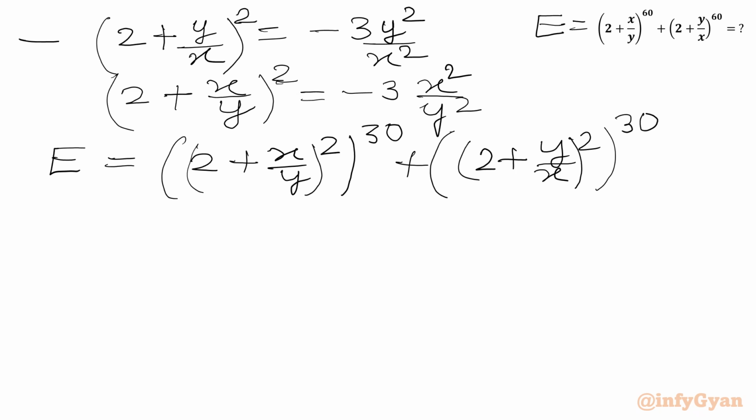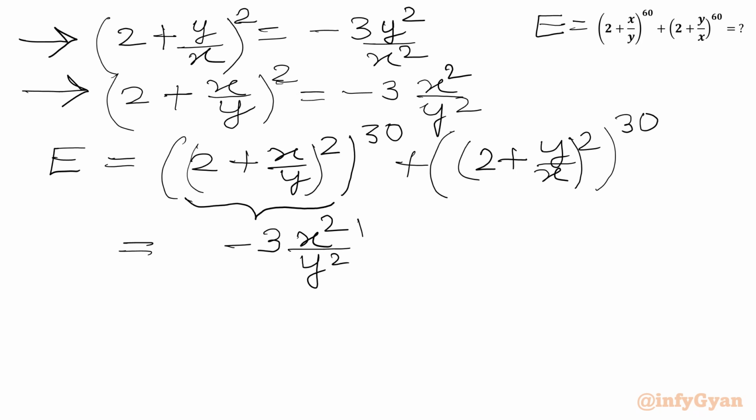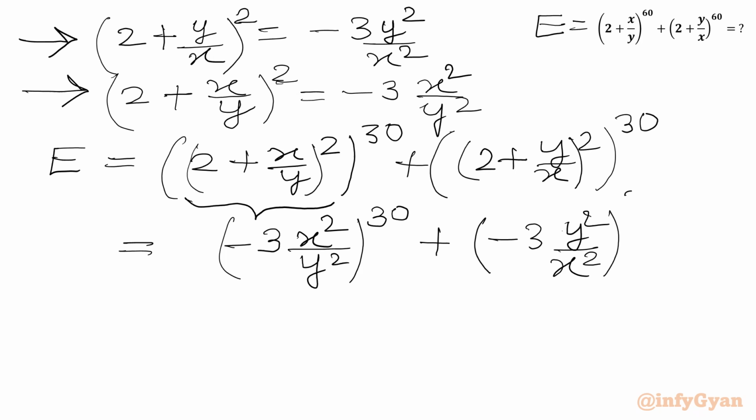Now we can utilize these two results. So here I am going to write minus 3 times x^2 over y^2, and then I will put power 30, plus here I will write minus 3 times y^2 over x^2, and then we will write power 30.